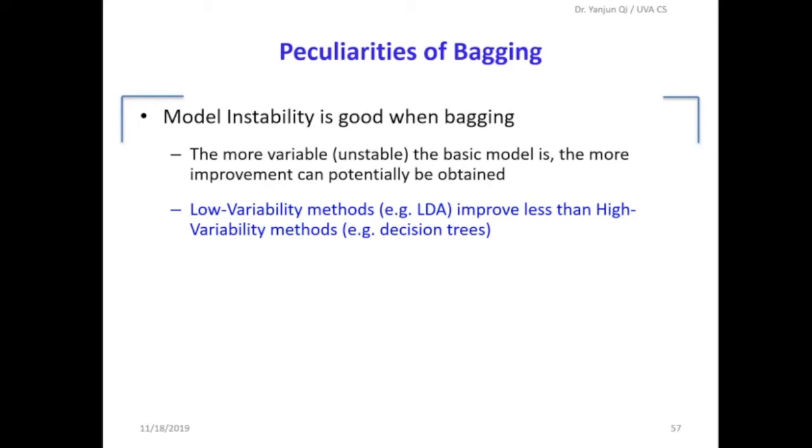So no matter how many bootstrap sample training sets you get, you're going to get very similar margin bands. Even if you put all of them together, they're making similar decisions. It really doesn't make sense to perform bagging on those stable classifiers. But the instability of decision trees creates a lot of variation and diversity for bagging to explore. That's why bagging and decision trees make such a good team together.